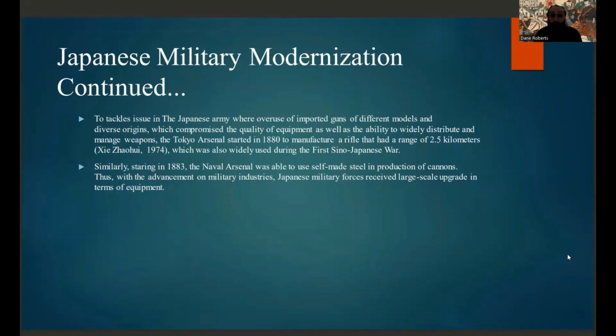Similarly, the naval arsenal was able to use self-made steel to produce their own cannons. So thus, with the advancement of military industries, the Japanese military forces received a large-scale upgrade in terms of equipment, which, despite what I said earlier, China had too, but to a much lesser degree.